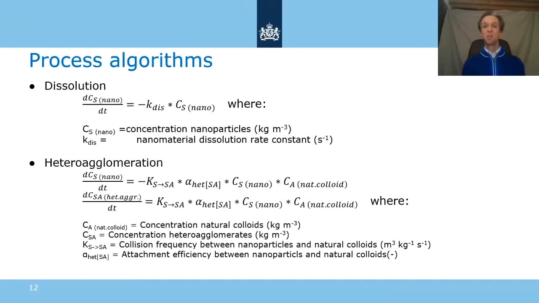This is the frequency of collision between the nanoparticle and the natural colloid, right? This is the frequency at which they would meet, and the attachment efficiency is the efficiency at which they would stick together for the rest of their life. So these are two equations, one describing the change in concentration in time of the nanomaterial, and the other the change in concentration in time of the heteroagglomerate.